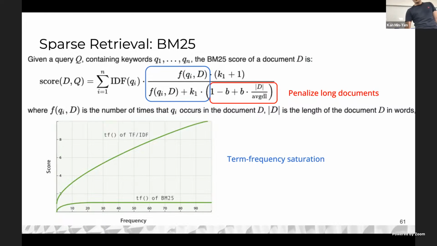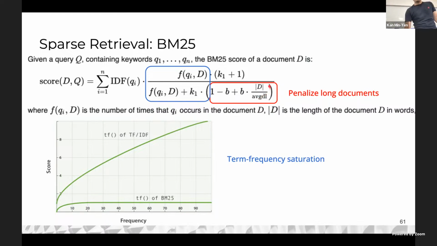The other side is that we put this term here to penalize long documents. This is also intuitive. We have this |D|, the length of the current document, divided by the average length of all documents.